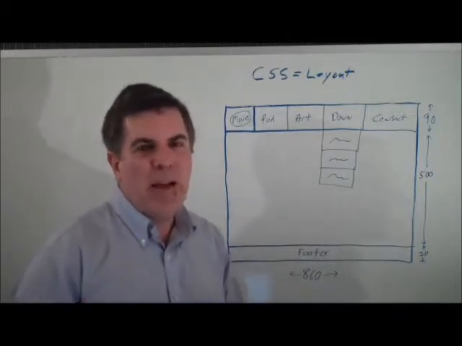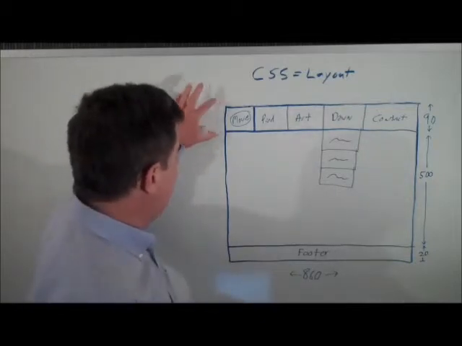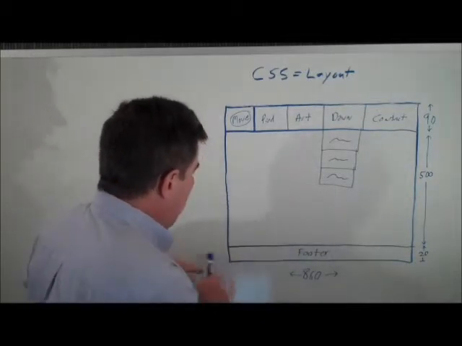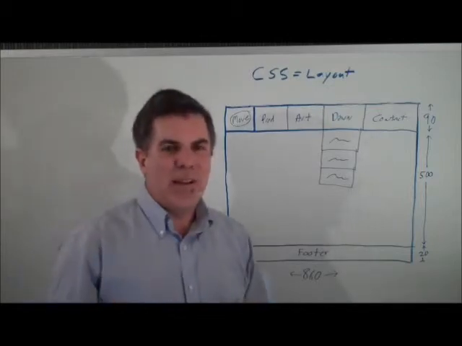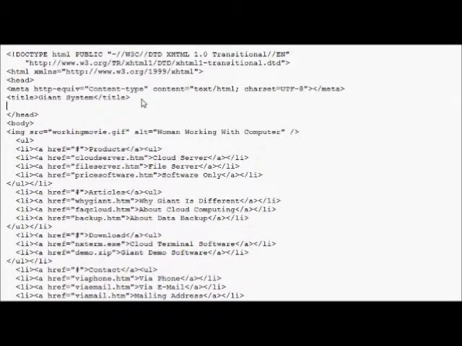So now let's go back to our editor and let's define the heading, the center area, and the footer in CSS. Back in our editor, it's time to add the style sheet. And we're going to add it right into the web page.